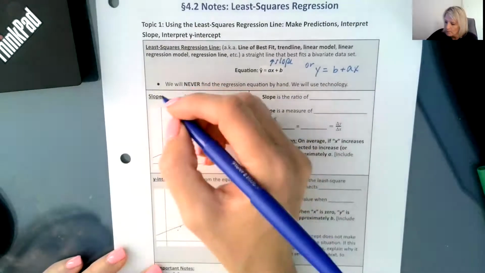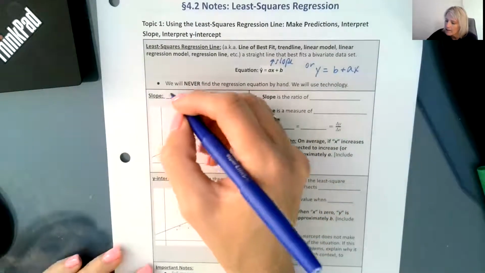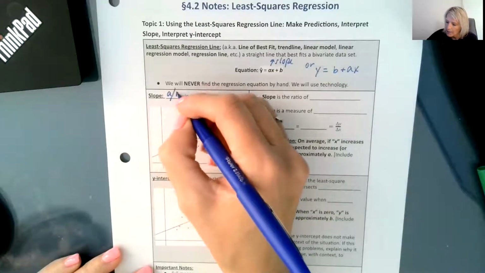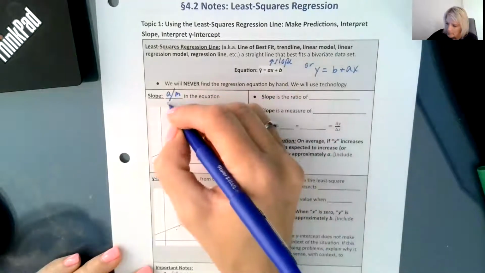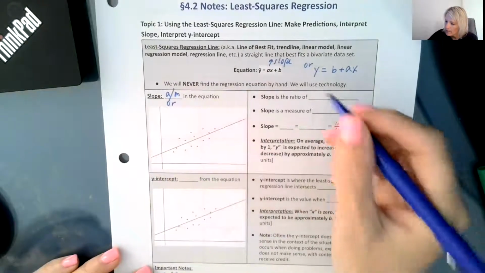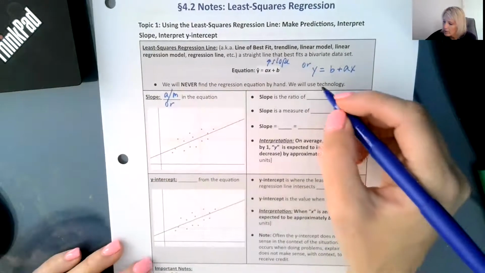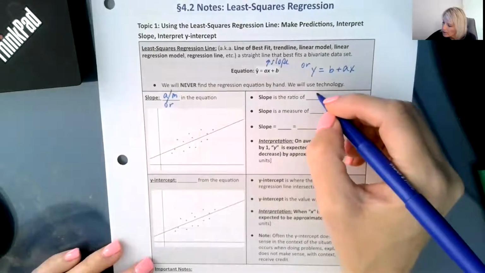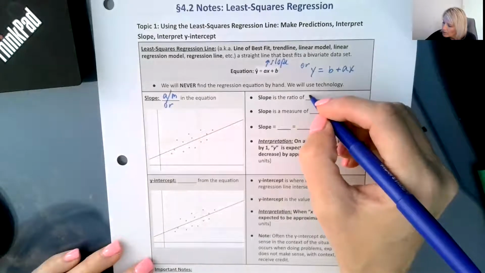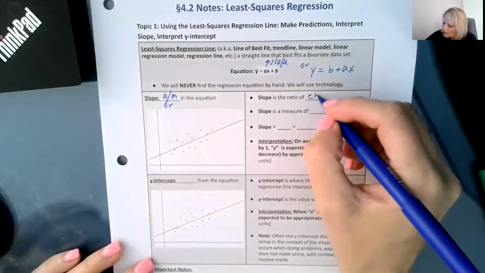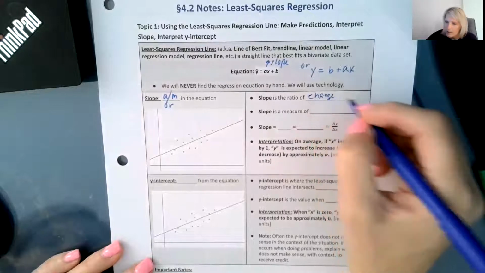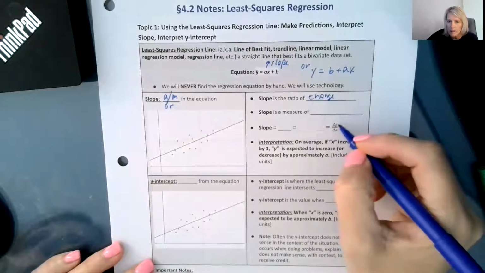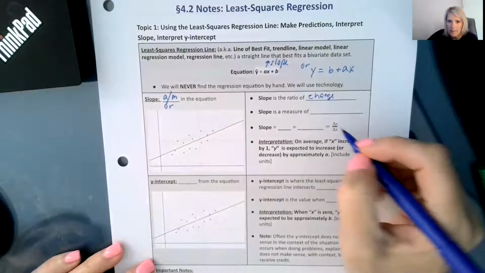So the slope is the A, sometimes it's the M in the equation. The slope is the ratio of the change. And when I say change, it's the change in the y versus the change in the x.